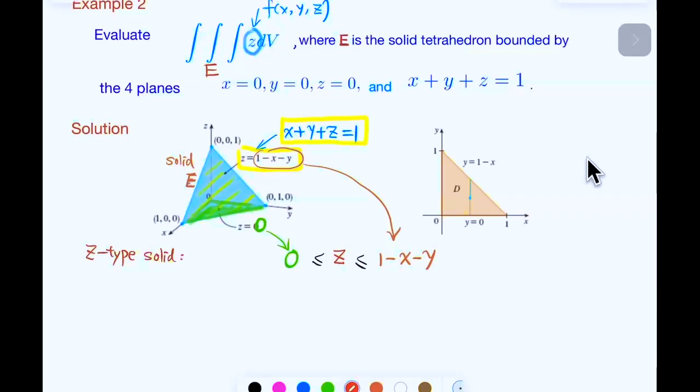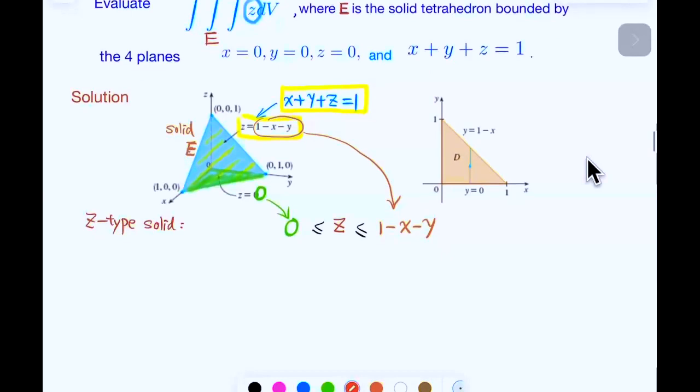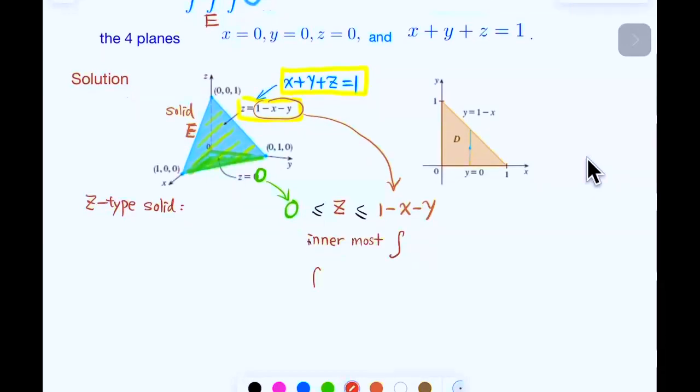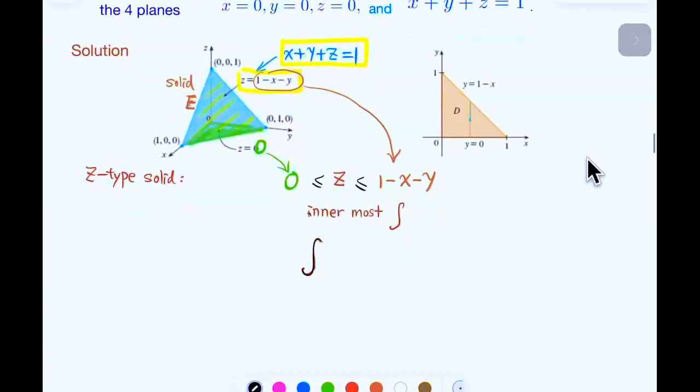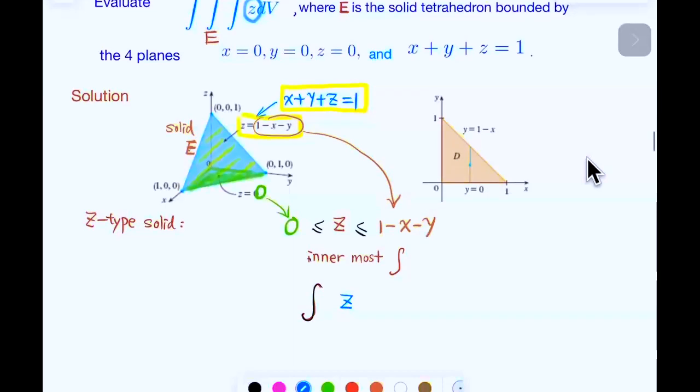Once you have this, let's set up the innermost integral first. It will be this integral of the function we integrate, which is z, because we just said this.